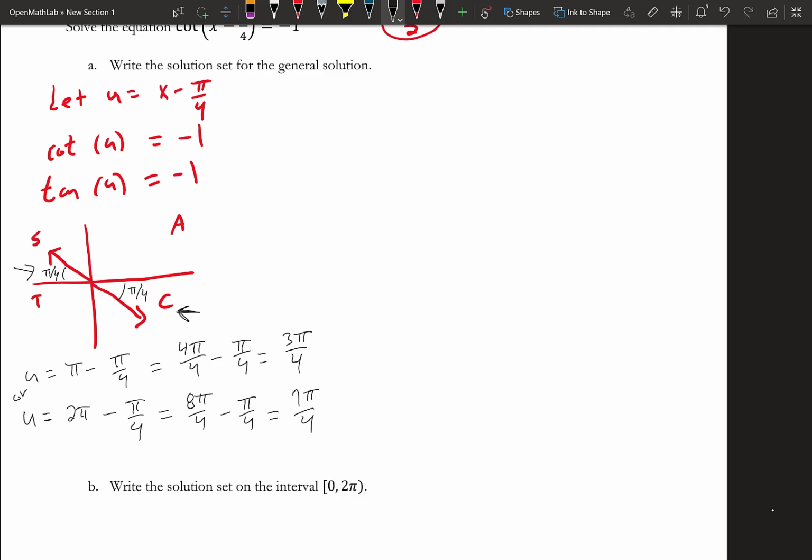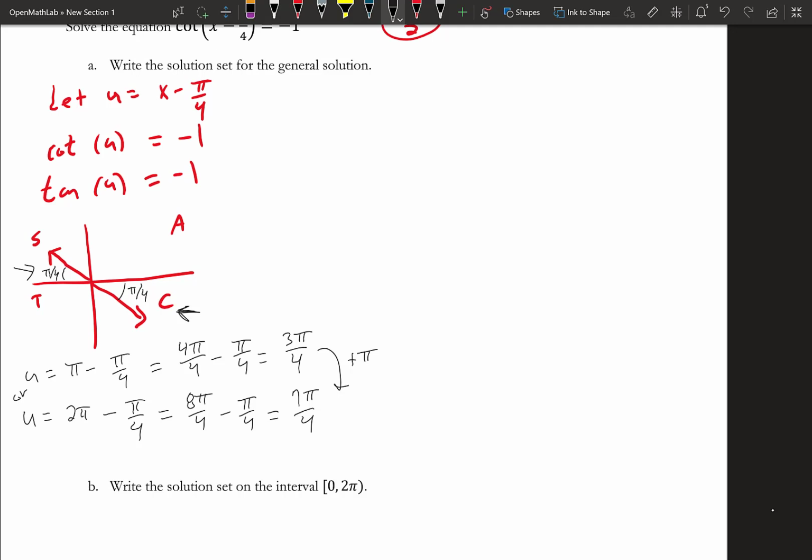Something you want to notice is that if I take the first one, 3 pi over 4, and I add pi to it, then we actually come up with 7 pi over 4. So the period of tangent, like we talked about on the first page as a reminder, is pi. So really, I only need one of these.